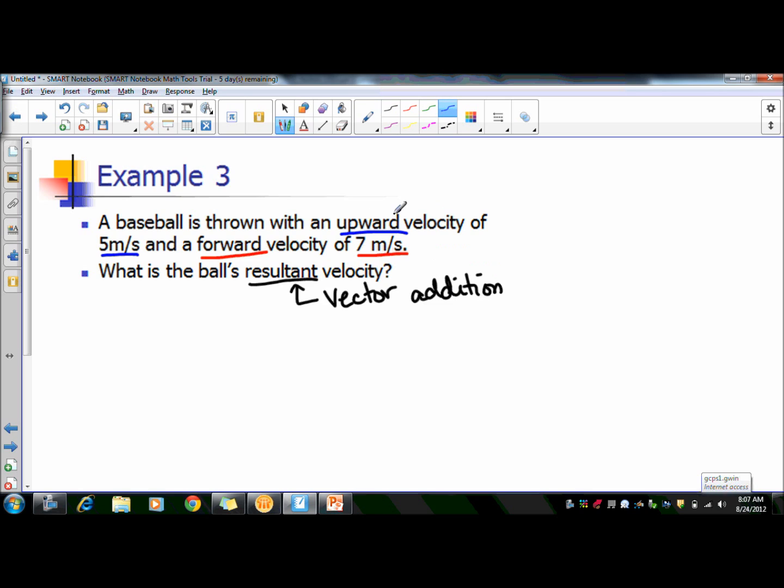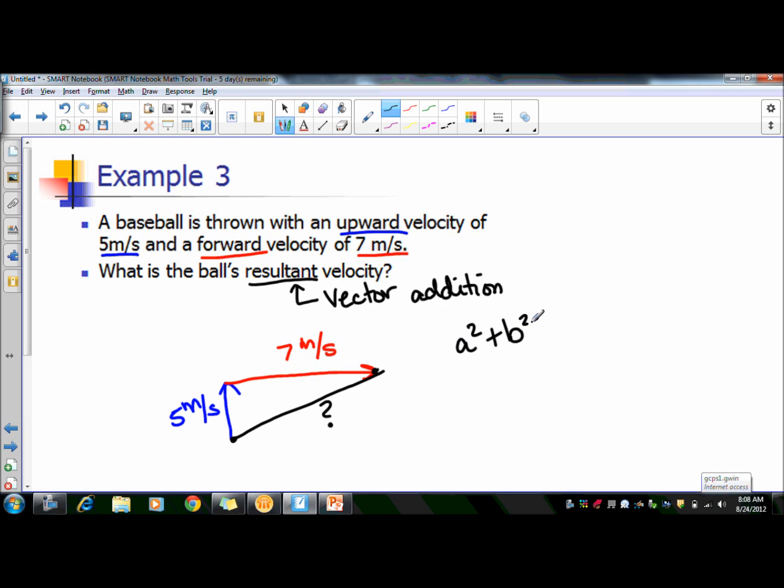So you have to draw it. Upward velocity of 5 meters per second. So 5 meters per second up. And a forward velocity of 7 meters per second. So again, our resultant is from start to finish, which is this side. So a squared plus b squared equals c squared.